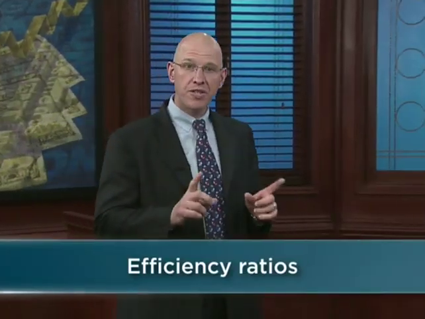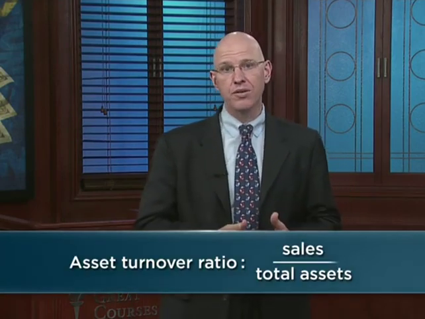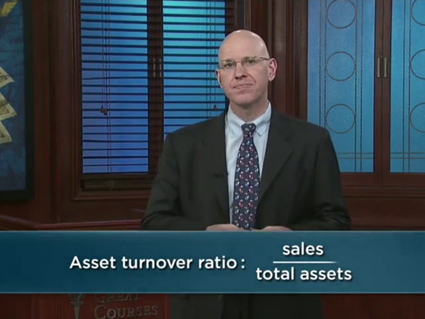Now we'll move on to efficiency ratios. Efficiency describes how well a company utilizes its assets. One of the main efficiency ratios is called the asset turnover ratio, which is defined as sales divided by total assets. Note that many financial analysts use average total assets in the denominator of that ratio, but I'm just going to use total assets for simplicity.